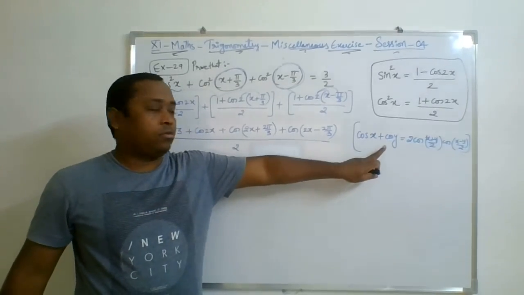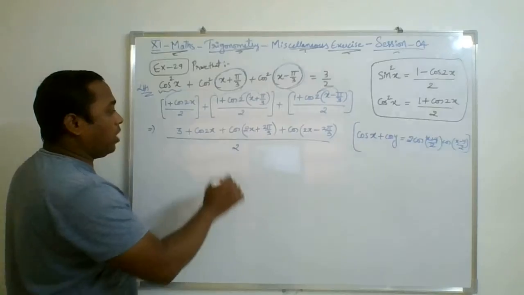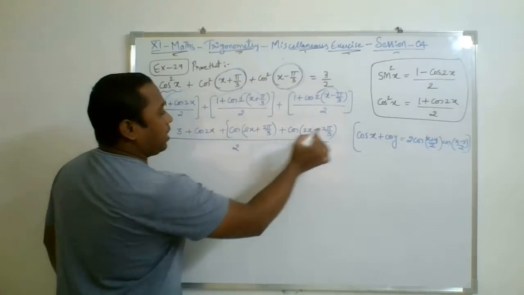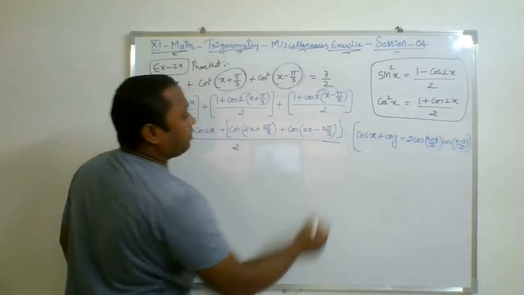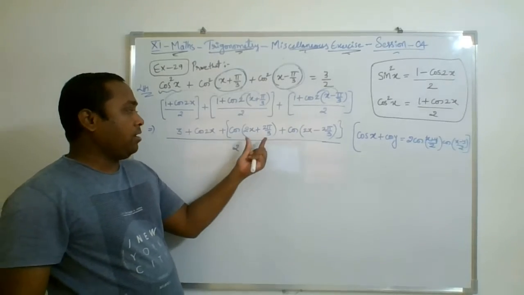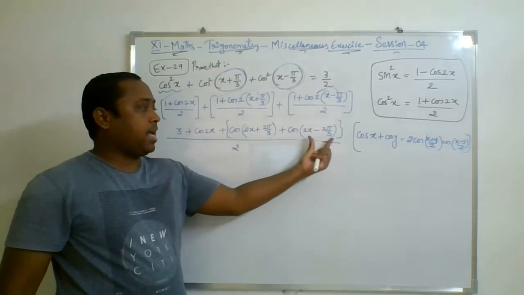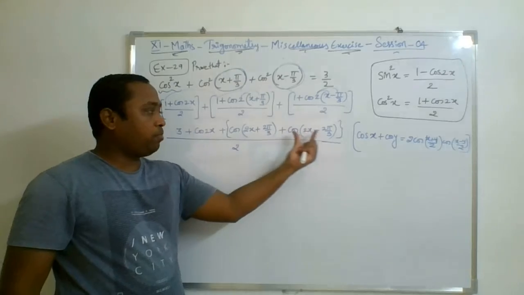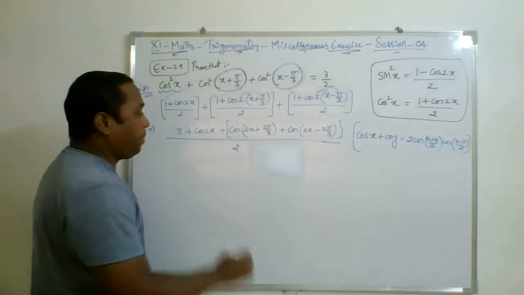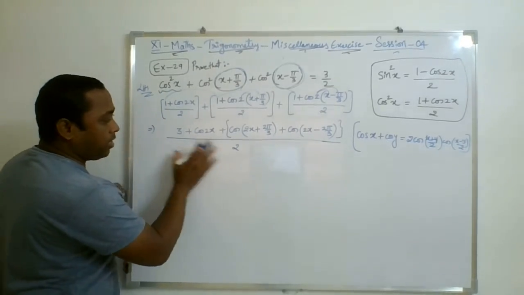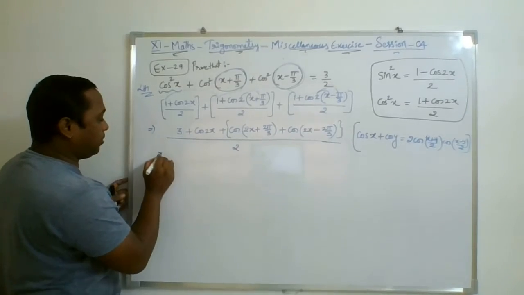So now with the help of this formula, I can apply it over here, assuming this as x and this as y. So cos x plus cos y. Okay, apply this and keep other terms undisturbed.